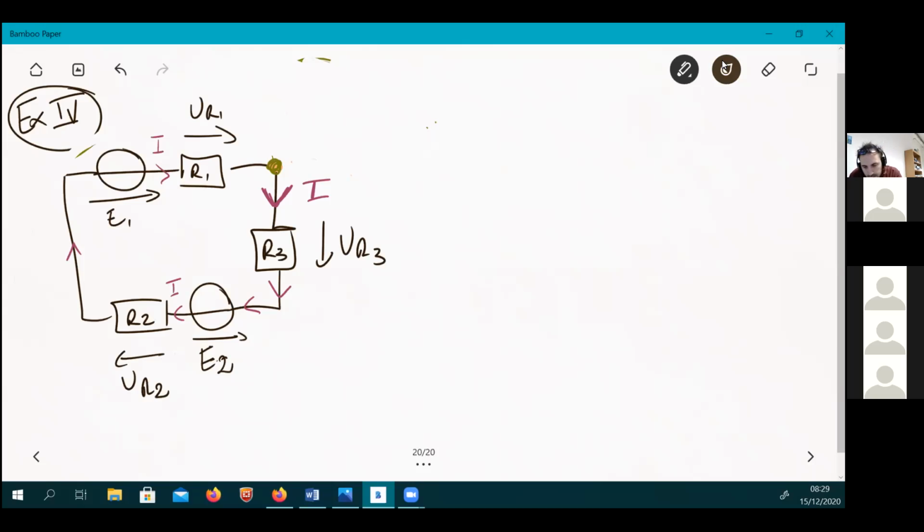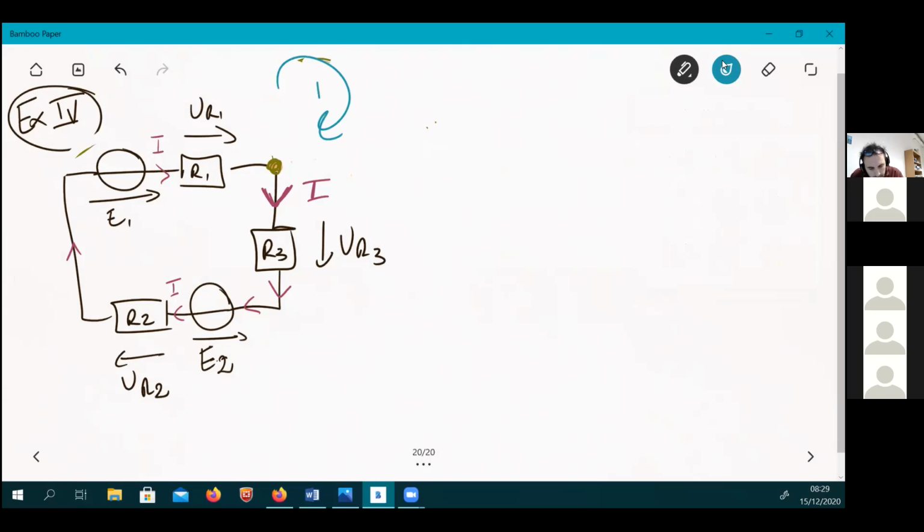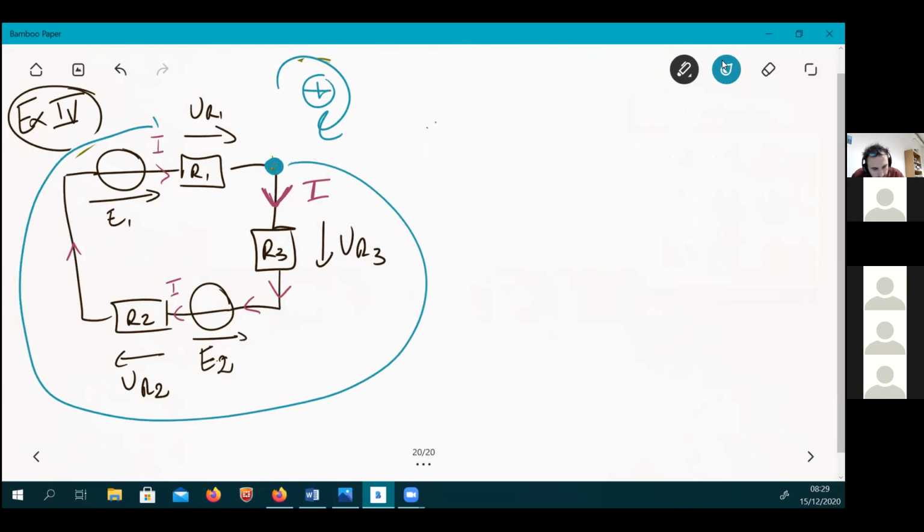Again, I'm going to apply the mesh law, going that this is positive in this direction, starting from this node, going this way.